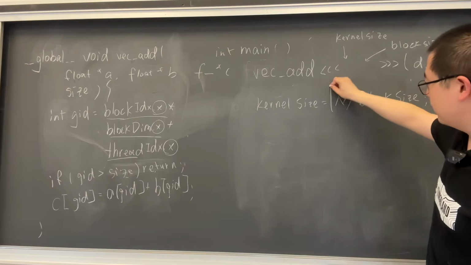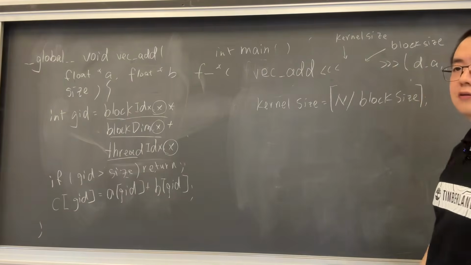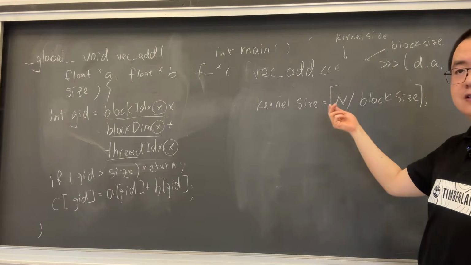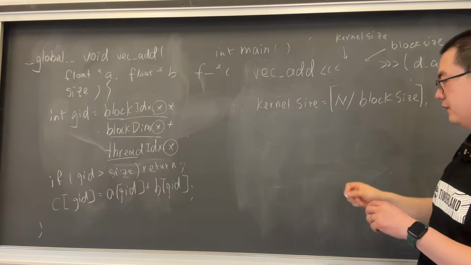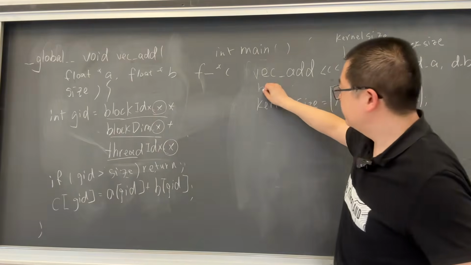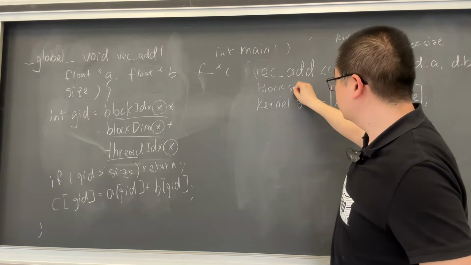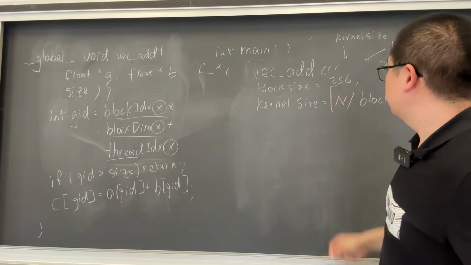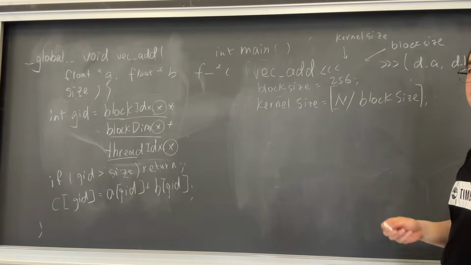Okay, then however, you need to do a round up so that we never have some left over. Let's say your block size is 256, and your n is 300.